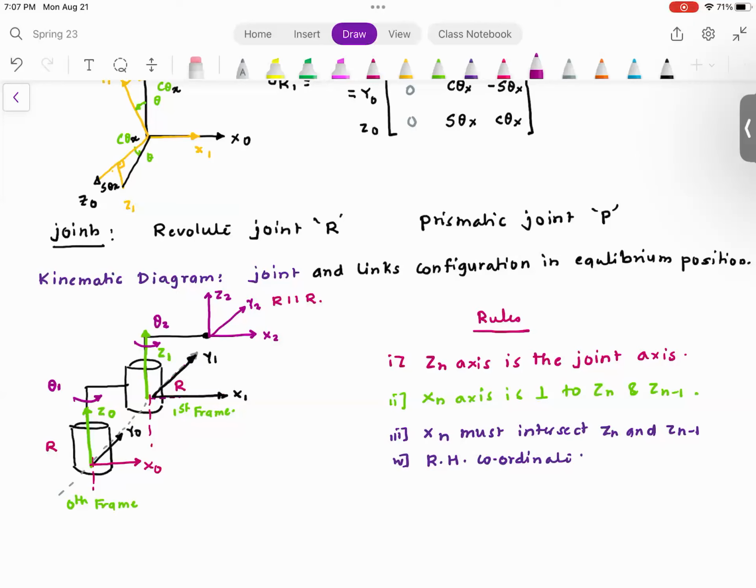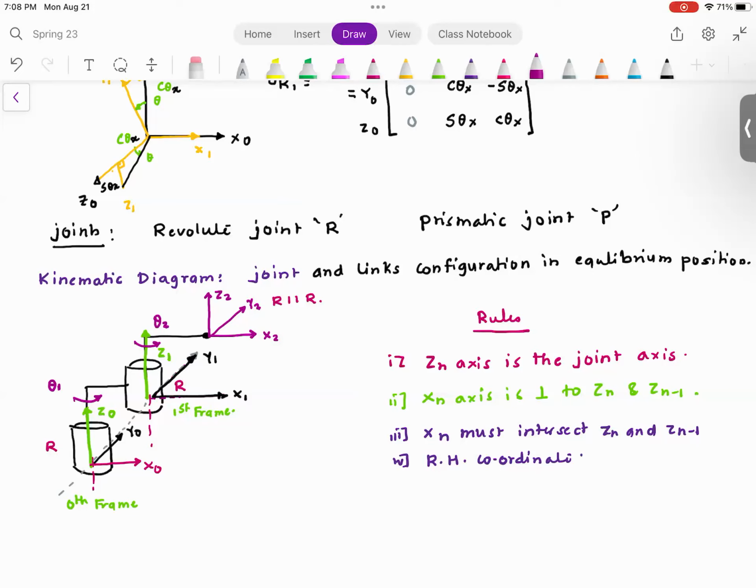And actually, my X1 could be in this direction. The only problem is, if I assume my X1 in this direction, it will not be intersecting with Z0. So it will violate the rules. So I would use X1, something like this. And then finish the triad. And last but not least, I will actually put a frame at the end effector.